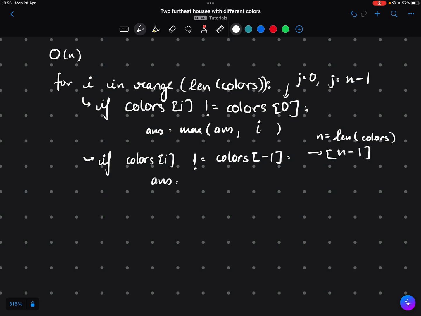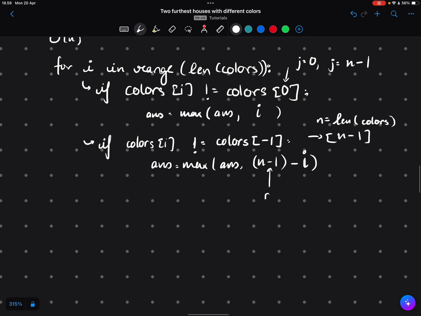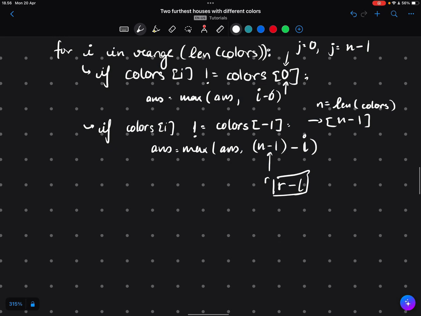So if that is not equal as well, then answer is just the maximum between the current answer and n minus 1, which is our r, minus i, sorry. So this is essentially like doing the r minus l over here, and over here we've already held it to 0, so i minus 0 is not really needed, and at the end just return answer.